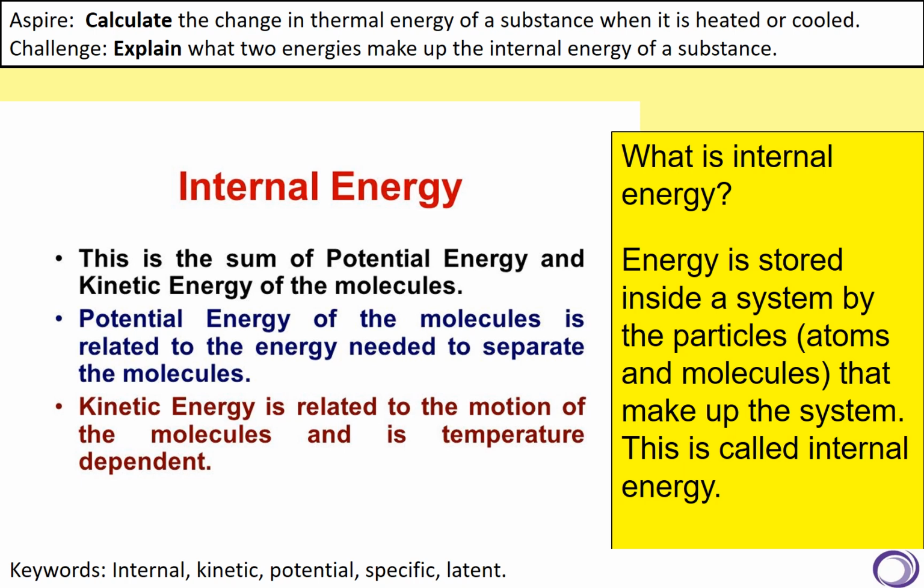So think about a solid: it probably doesn't have as much internal energy, or kinetic energy anyway. The particles don't have as much kinetic energy as they do in a gas because they're not moving around as much. So it is all of that. The internal energy is the sum, or the total, of the potential energy plus the kinetic energy, and that is stored in the particles.